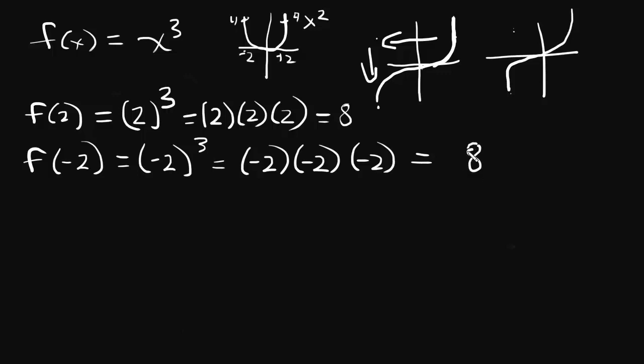So the size of the number is the same, but we've got a negative times a negative, that makes it a positive, but we're going to multiply it by a negative once again, which turns it into a negative once more. So negative times negative times negative is still negative. We've got a -8. So we get the same quantity.